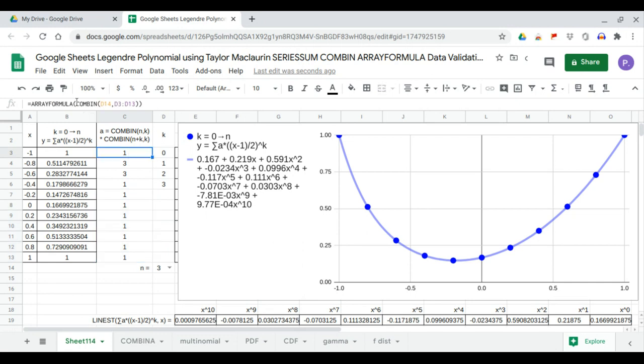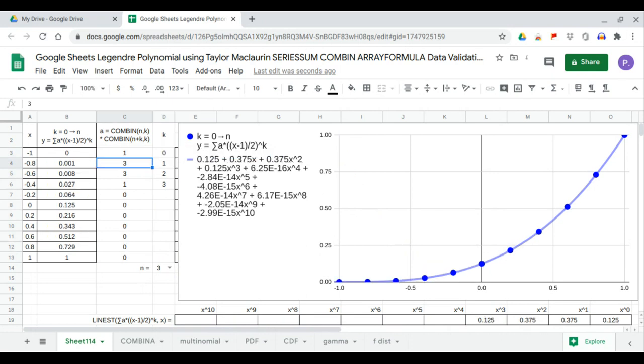So it is if k is empty, and this is 0. Otherwise, calculate. Now it's corrected. So if this is empty, this should be 0.